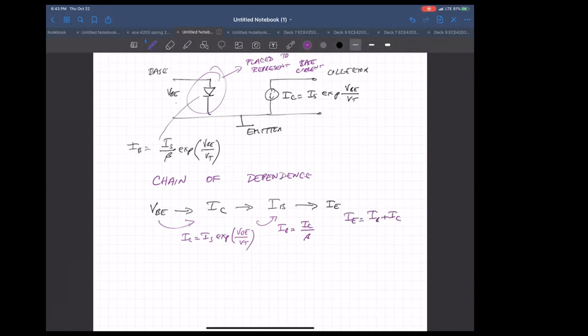So start with VBE, calculate the collector current using the exponential equation, divide the collector current by beta to get the base current, and then the sum of the base and collector currents makes up your emitter current. Those are the typical steps to take.